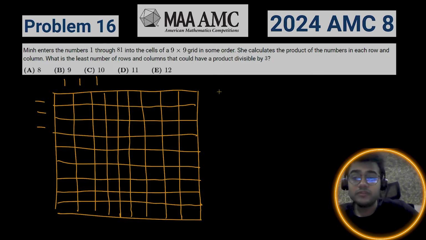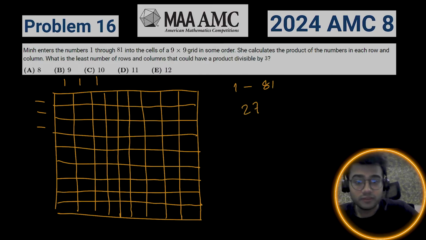That means the product is a multiple of 3. Now, a product is a multiple of 3 if and only if one of the numbers is a multiple of 3. There has to be a factor of 3 in there, and the factors of 3 are only in multiples of 3. So we have 27 multiples of 3 from 1 to 81.